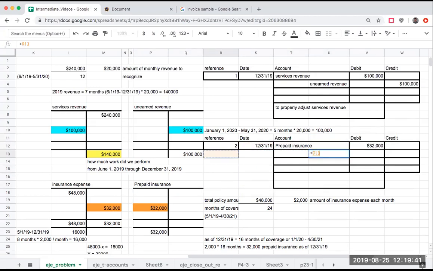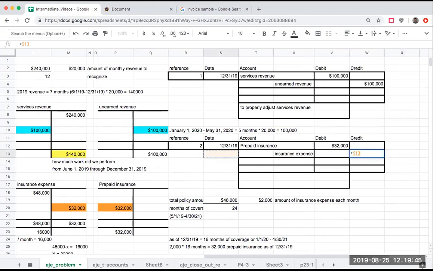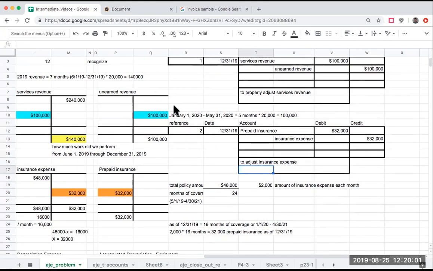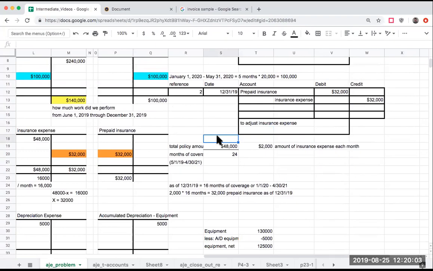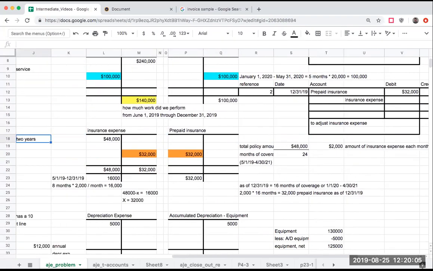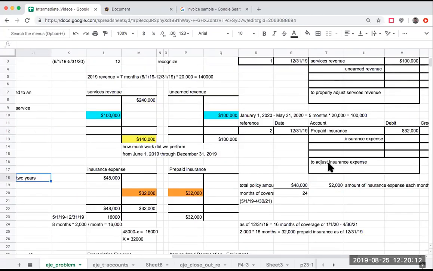And then I'm going to be crediting insurance expense for the $32,000. And then here would be to adjust prepaid, to adjust insurance expense. So something like that. I'm not a huge believer in the descriptions. Generally, whatever your supervisor or whatever firm you're working for tells you how to write the description when you're doing an adjustment is fine. And again, you can kind of get it.